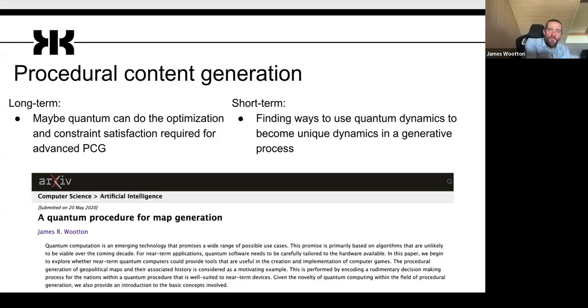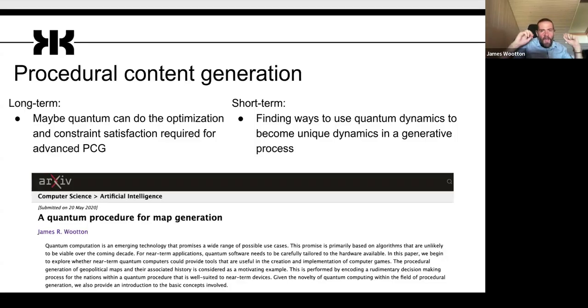But what about the short term? In the short term, you have a bunch of qubits with a coupling map, and mostly what they are going to do is be some qubits. They are going to have some quantum dynamics. They're not going to be running a Fourier transform or something highly abstract like that.